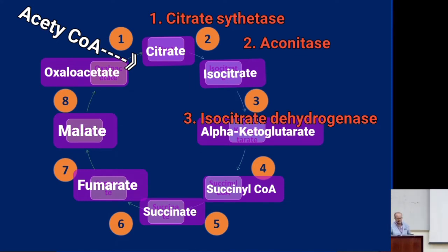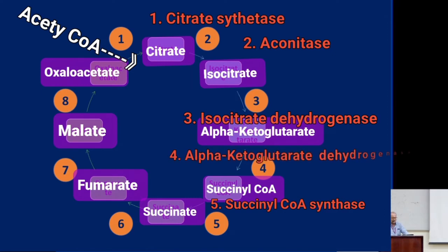Alpha ketoglutarate is then oxidized by alpha ketoglutarate dehydrogenase. Again, you lose another CO2, producing another NADH molecule, and simultaneously you're going to attach a CoA to the succinate. There's the CoA to form succinyl-CoA.